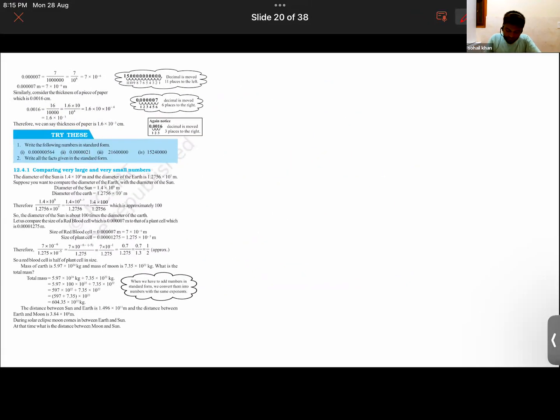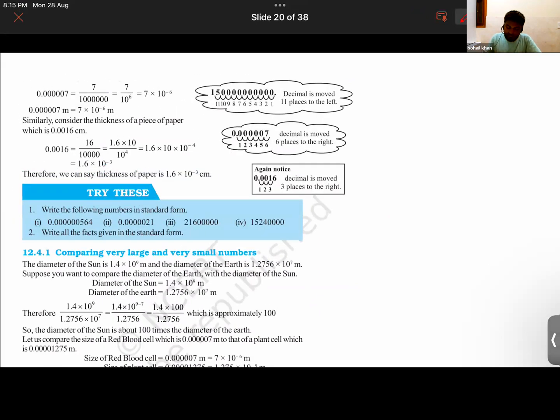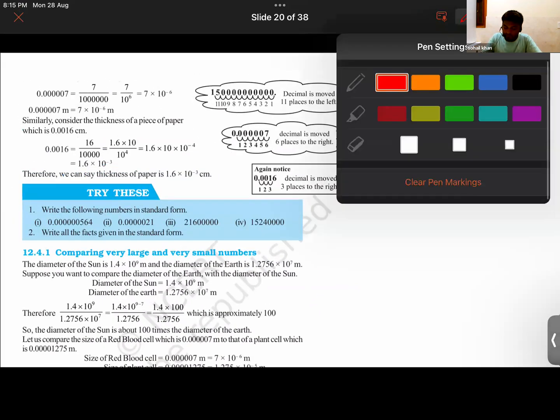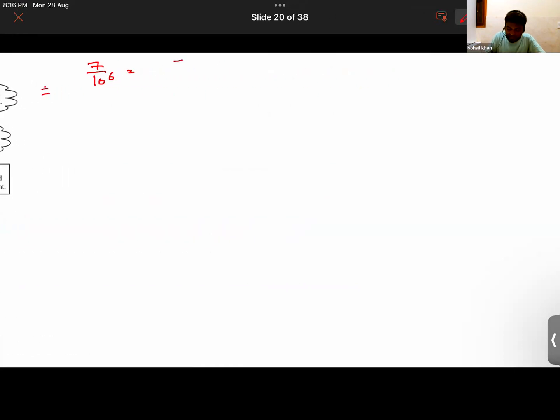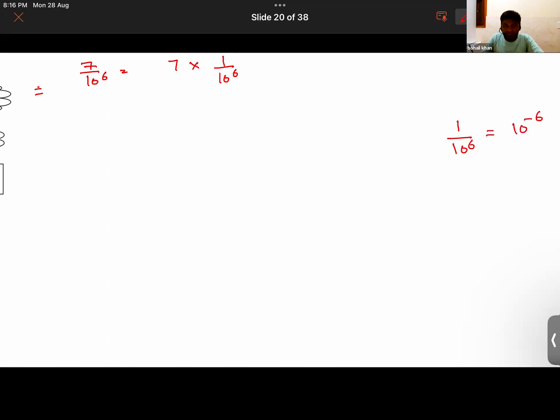First write it in the form of fraction. That is what we are going to do. So it will be written like this: 7 upon 10 raised to the power 6. It is not the same as 7 into 10 raised to the power 6. And 1 upon 10 raised to the power 6 can be written as 10 raised to the power minus 6.